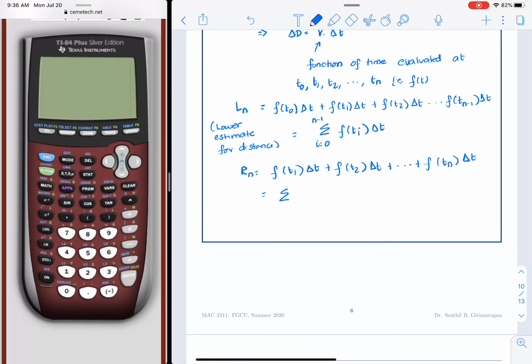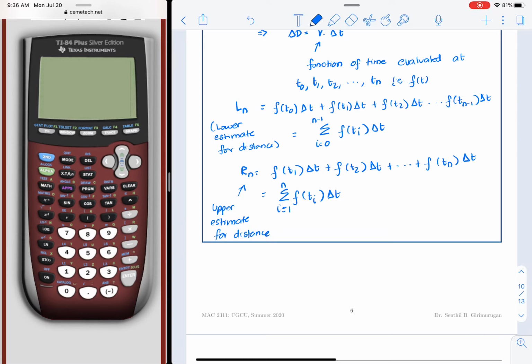And if you sum all of those values and put it in summation notation, f of ti delta t, and that would be the upper estimate for distance.